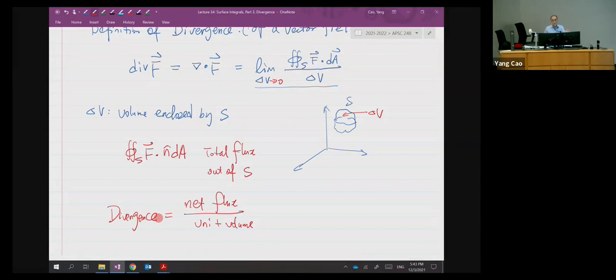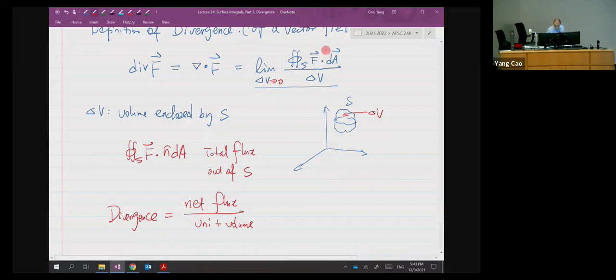Better yet, if I'm asking you, you have a mass over a volume delta V, and you let the delta V go to 0. What quantity should you get? If you use a similar concept, you're calculating a small mass at this location divided by the volume delta V, and you take the limit as delta V goes to 0. So you will get mass density, right?